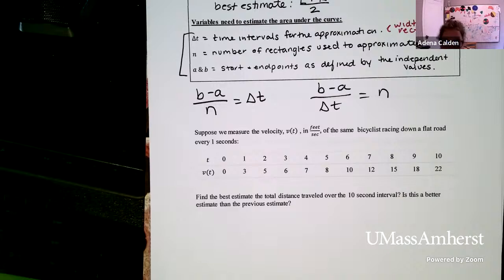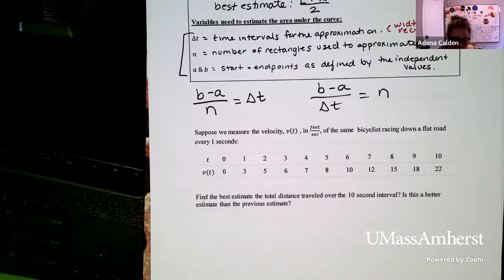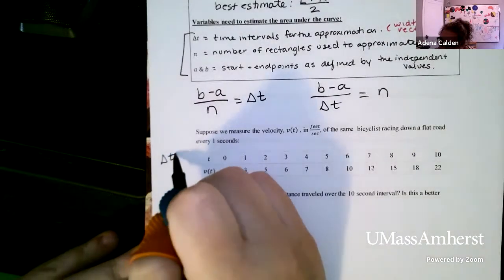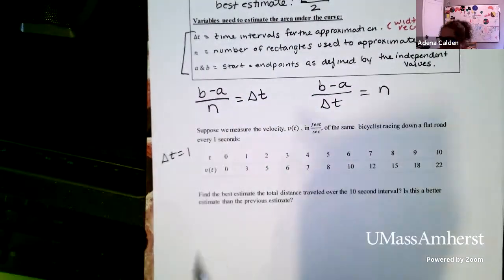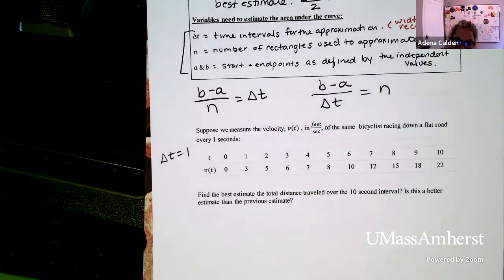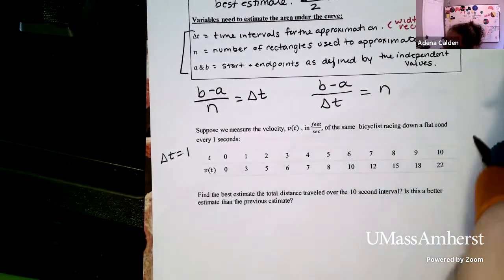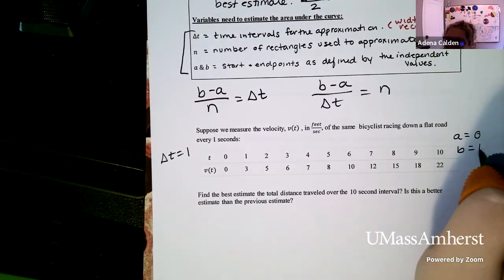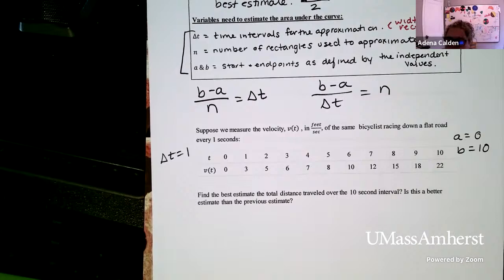And I want to know, is this a better estimate than the previous one, or is it worse? And how do we figure that out? You're going to find the left-hand estimate by doing what we did in the last table. Notice here that delta t equals 1, so we're counting by ones, which means every rate will be multiplied by 1. Your a is 0 and your b is 10, the same starting and ending point as before.